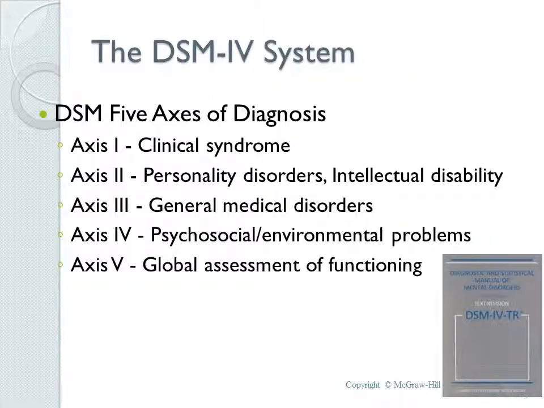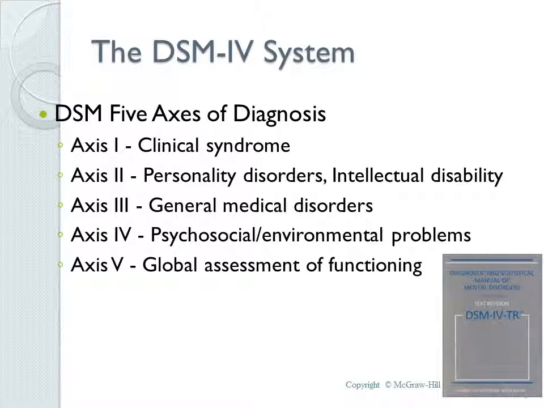The way that the current DSM diagnoses individuals, it uses a 5-axial system. On each of these axes, you might have something noted there. If you do not have, let's say on axis 2, a personality disorder or intellectual disability, or on axis 3 a general medical condition, you would say that this axis is deferred, okay?